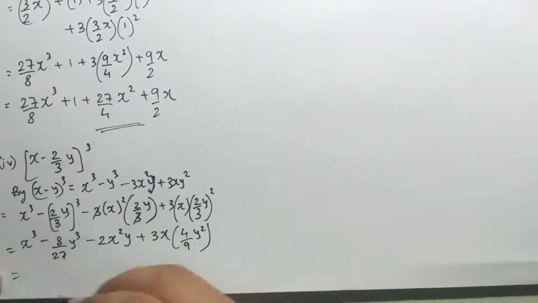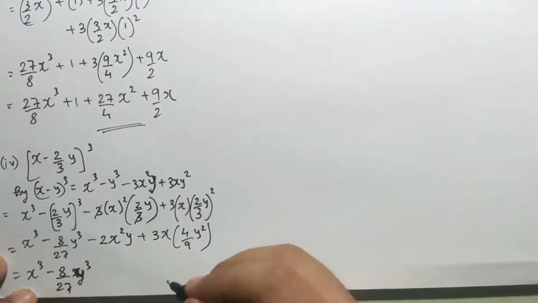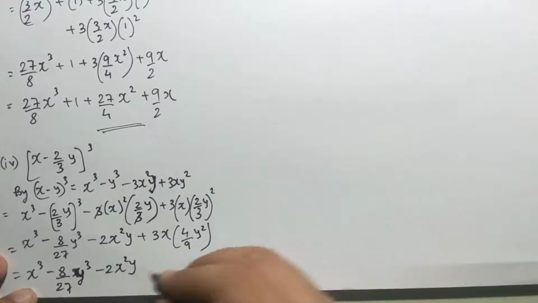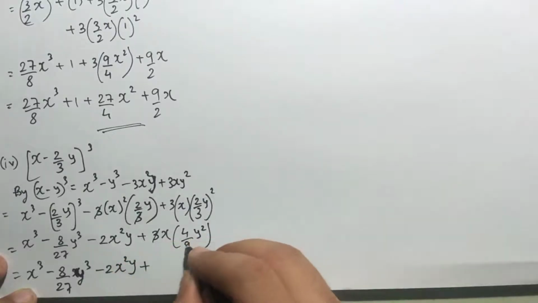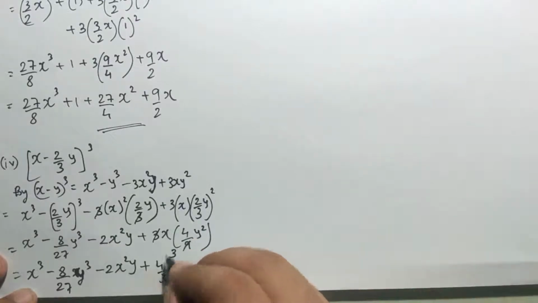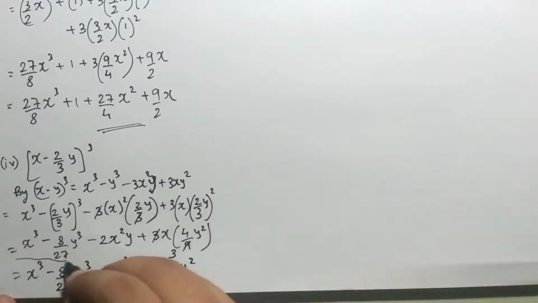So my final answer would be x cube minus 8 by 27y cube minus 2x square y plus 3 ones are 3, threes are, it will be 4 by 3xy square. So my final answer is this.